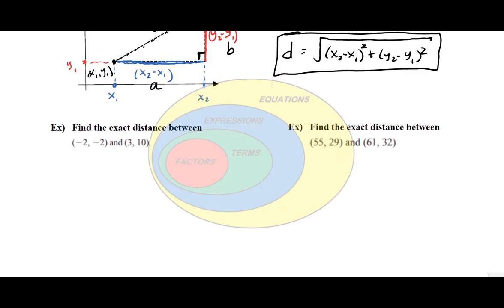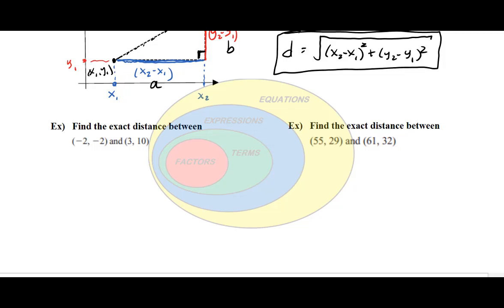So if we want to use this formula to find exact distances, such as the distance between these 2 points, the first thing, I want to look at the x coordinates. In the distance formula, I get distance equals the square root of the difference between these, so it'd be 3 minus a negative 2, which is the same as 3 plus 2, and that quantity is squared, plus the y coordinates would be 10 minus a negative 2, so that'd be the same as 10 plus 2, and then that quantity is squared.